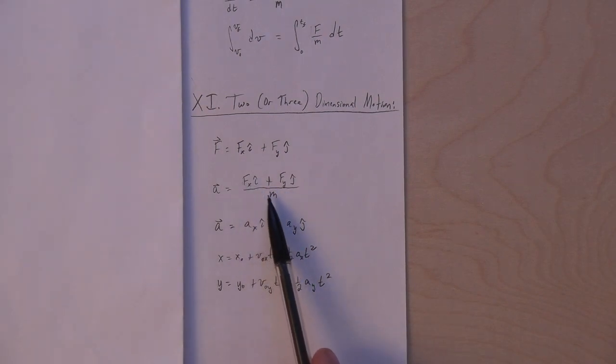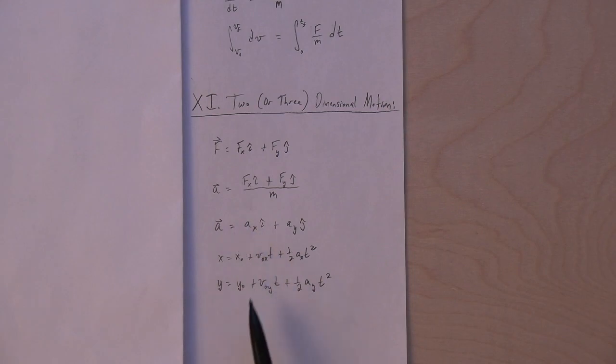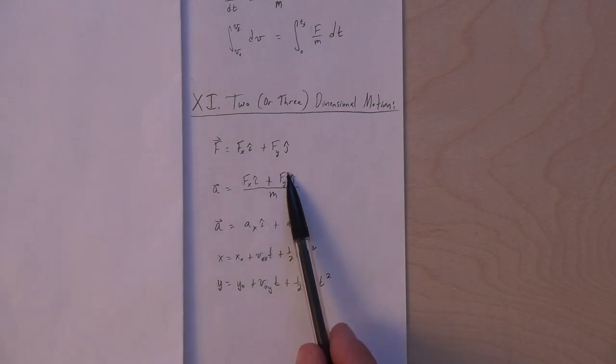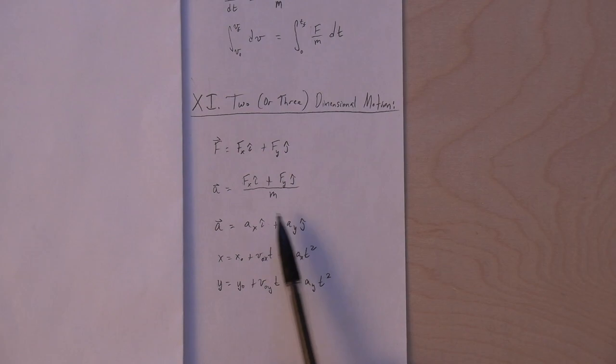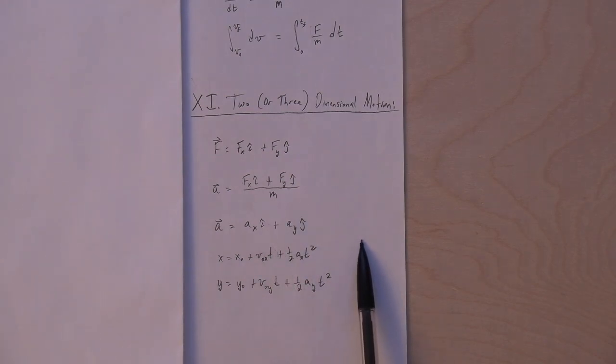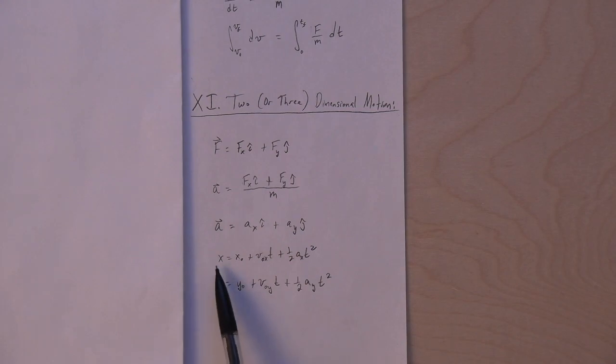Whatever Fx over m is will give you an acceleration in the x direction, and whatever Fy over m is will give you a certain y acceleration. So a certain meters per second squared this way, a certain meters per second squared that way. And you could find where the thing is using kinematic formulas for both. So it's basically 2 Newton's law problems happening at the same time, one in x, one in y, maybe one in z also. Then you just use kinematics to find the net position, the x coordinate, the y coordinate, the z coordinate as a function of time.